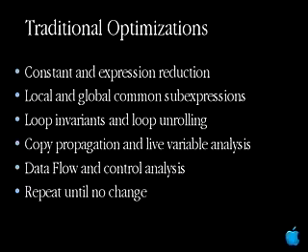So the traditional type of optimizations you would expect would be expression reduction, CSEs, loop unrolling or loop optimizations, data flow analysis. These are all the standard sort of things that you would see in the Dragon book, the standard compiler book.